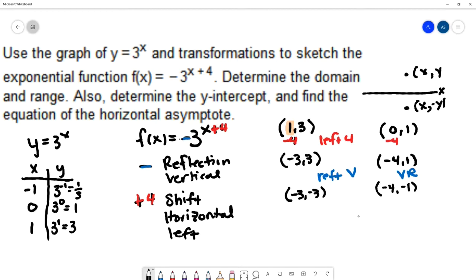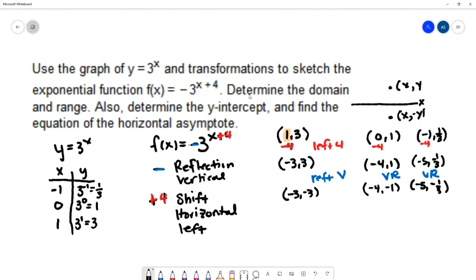Then the last point is negative 1 and 1/3. I'm going to subtract 4 on the x to shift it to the left 4. That becomes negative 5 and 1/3. And then when I do the vertical reflection, it's going to mirror it and become negative 5 and negative 1/3. So those 3 points have moved to their new positions.